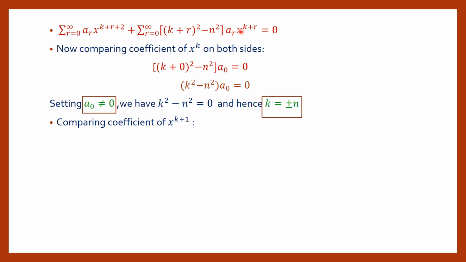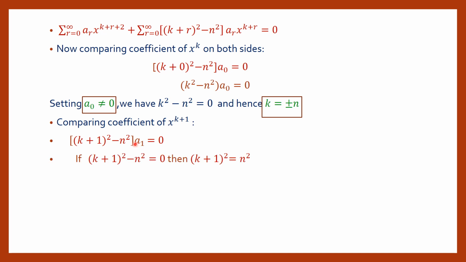So putting r equal to 1, we get k plus 1 whole square minus n square times a1 equal to 0. This term we get from the second summation by putting r equal to 1. Whenever the product of two terms is 0, either the first term should be 0 or the second term should be 0.